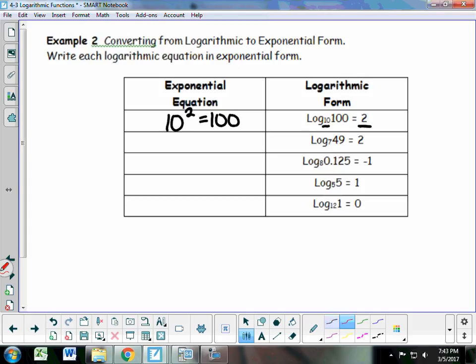All right, next one, log base 7, raised to the second power is equal to 49. All right, a base of 8, an exponent of -1, and that's equal to the decimal 0.125.